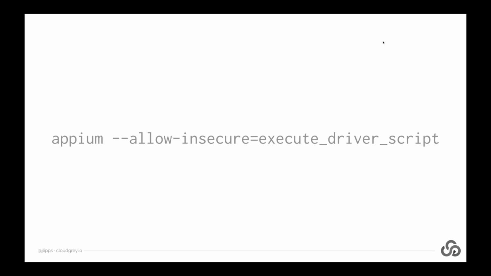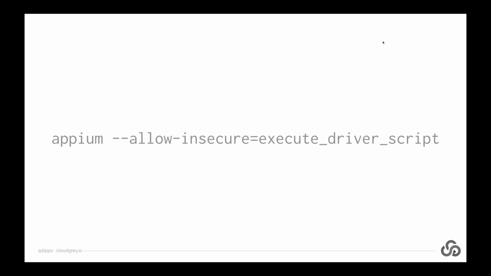It's executed in a completely separate Node.js process, so it doesn't have access to any of the objects in Appium's memory. It can't snoop on other sessions that are happening. It actually has no access to any of the Node.js API itself, so it can't read anything from the file system or call any of the standard Node.js libraries.